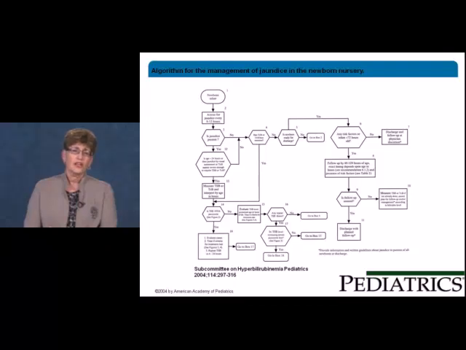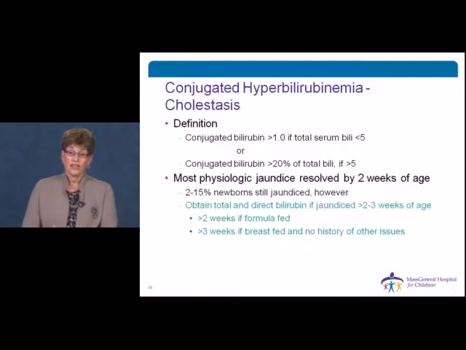It just focuses us on the management of jaundice in the newborn nursery, ultimately coming to where they're still jaundiced at 2 to 3 weeks of age, and that's when we start worrying about conjugated hyperbilirubinemia as being a possible etiology and needs to start getting looked at.